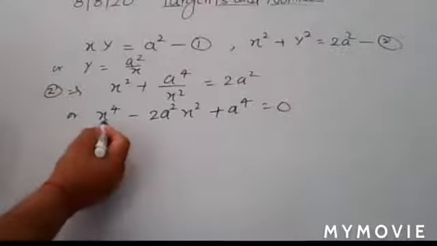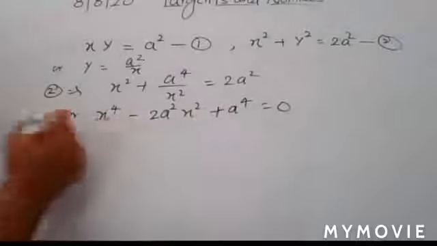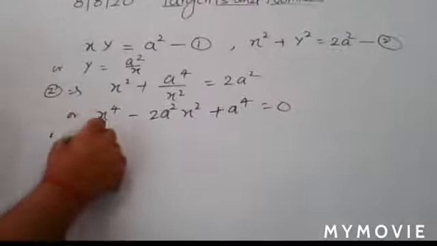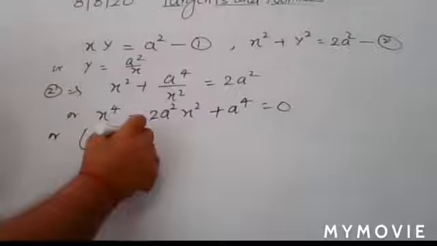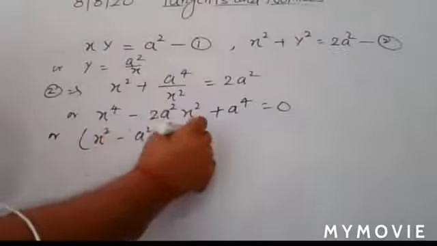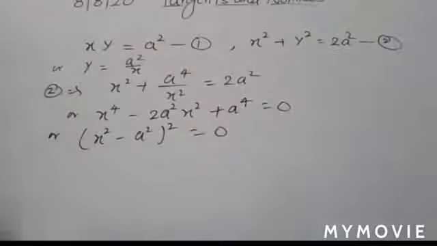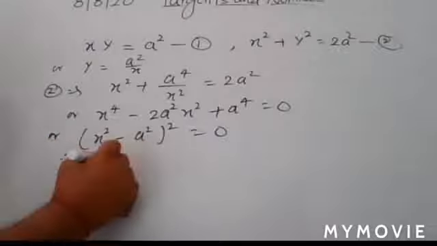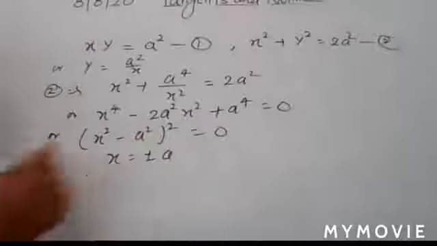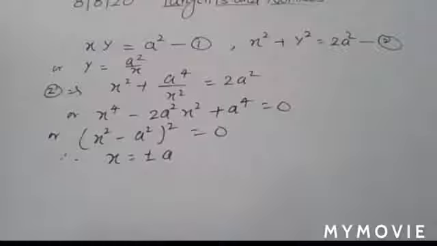Now factorize it. These two are perfect squares, so it can be written as x square minus a square, whole square, is equal to 0. Simplifying it, you have x is equal to plus minus a.